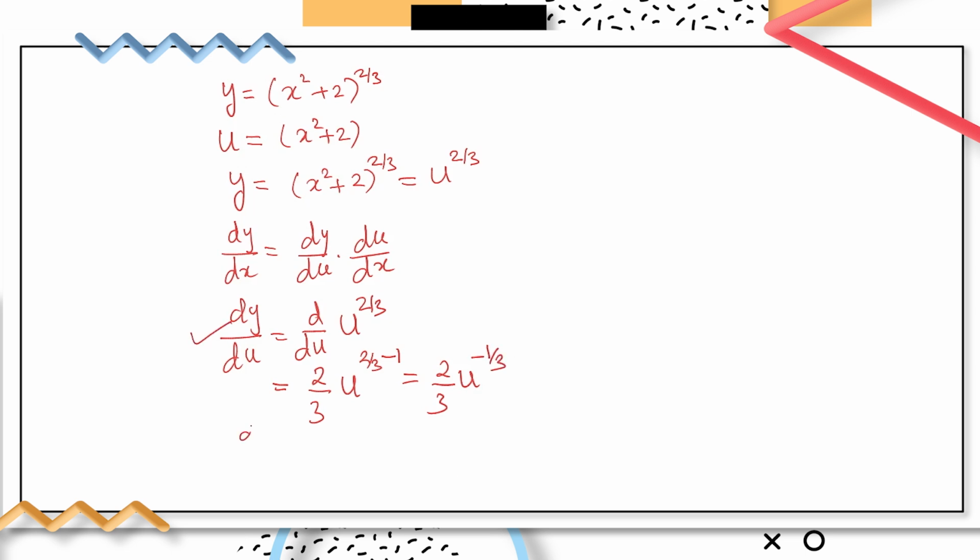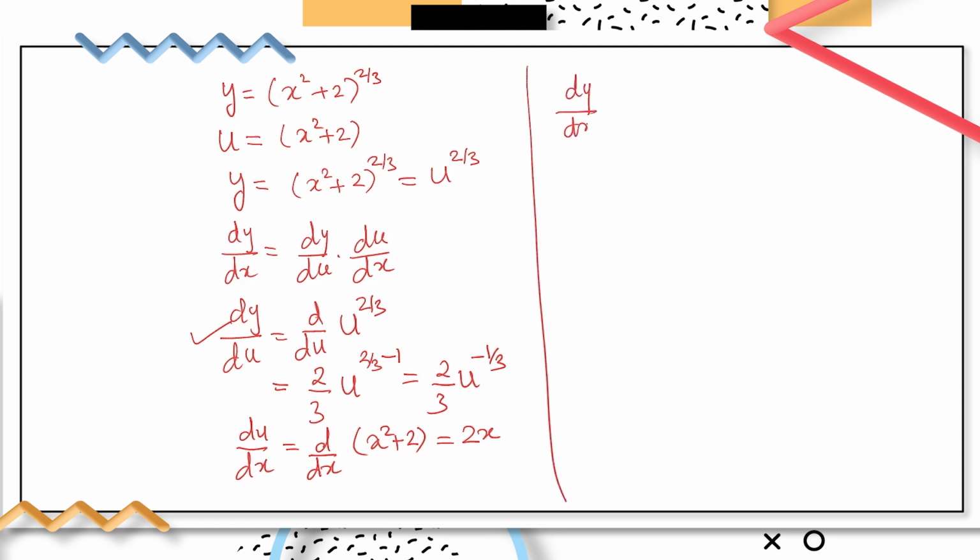So we got dy by du. Now what is du by dx? du by dx will be d/dx of x square plus 2. That is nothing but 2x. So applying the chain rule, dy by dx is equal to dy by du into du by dx.